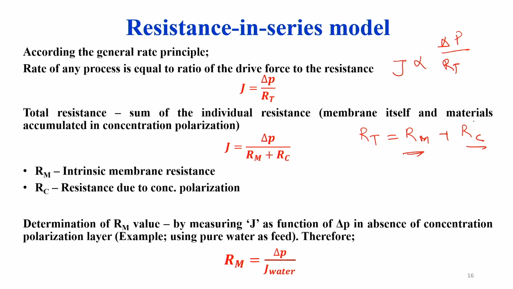We remove the value of Rc by passing a pure solvent, let us say water. In that case Rm will be delta P upon J of the pure liquid, let us say water. In this way we calculate the intrinsic membrane resistance.